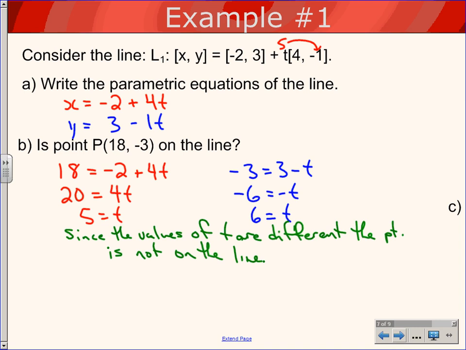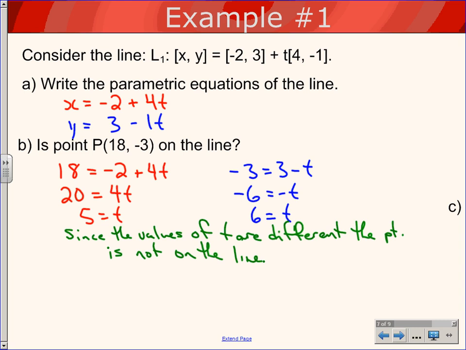So I got the right x component and the wrong y component. The 6 is the number that we would need to get a minus 3 for a y-coordinate. But the 6 isn't going to give you the 18 for the x-coordinate. So we needed both of those to work in order to actually verify that this point's on the line.